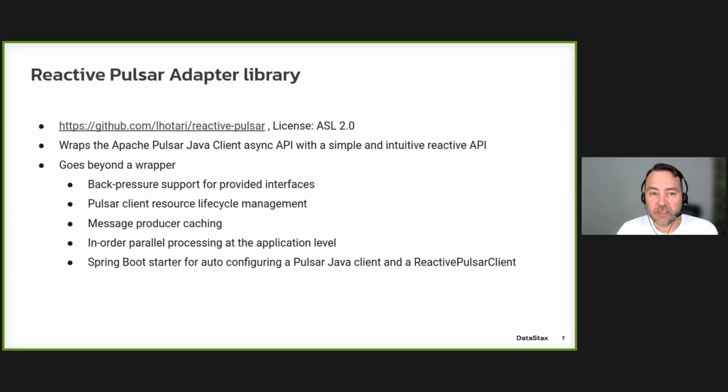It has support for in-order parallel processing at the application level, and then finally a Spring Boot Starter for auto-configuring a Pulsar Java client, and then this reactive Pulsar client, which is what this adapter library brings you.